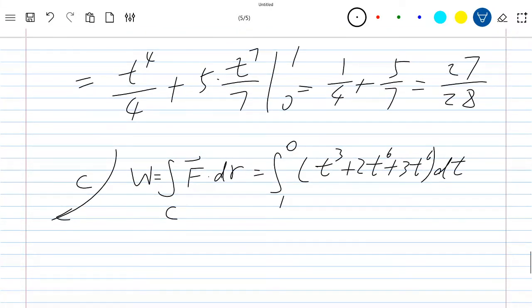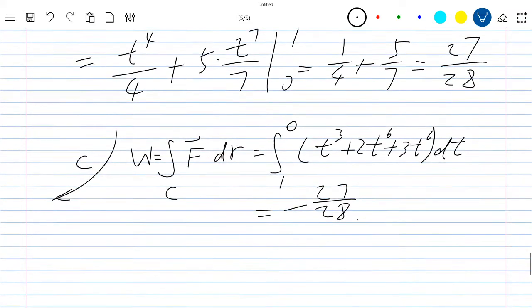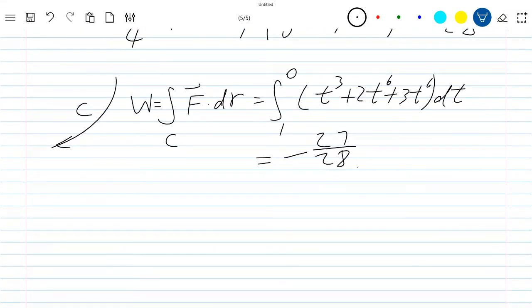So it's going the other way. Then of course that means it will be the negative. Okay. So that's what you do when you have a curve with opposite direction.